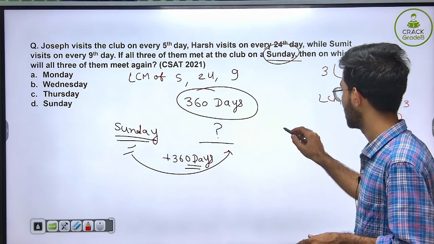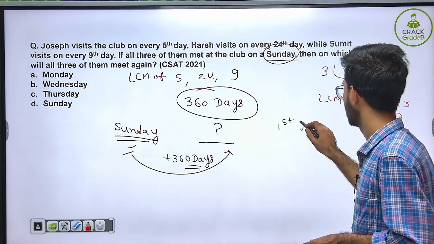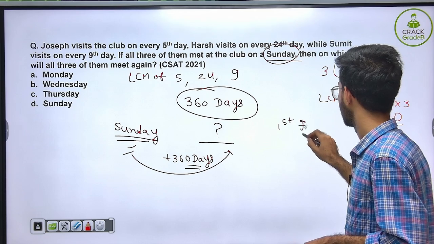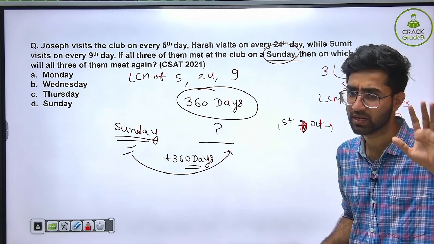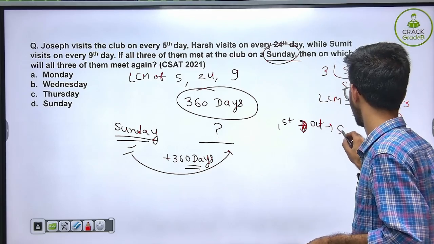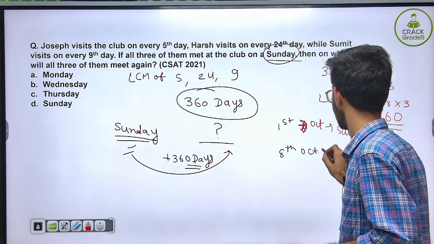Let us take a simple example. Let us assume that if 1st October is Sunday, then 8th October will be Sunday.